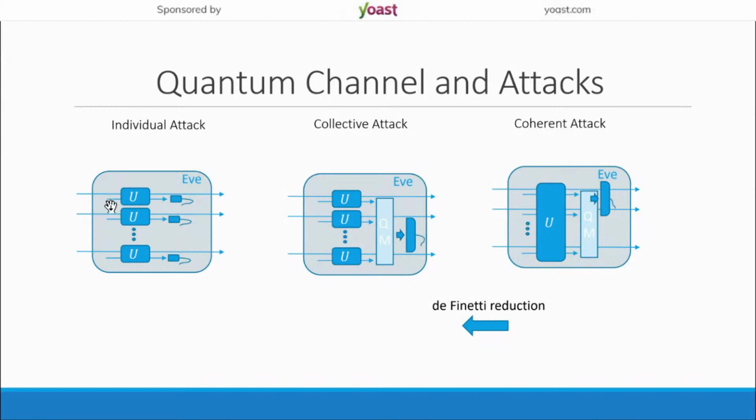So we can have this picture where every time she measures the interaction mode, basically her copy from the traveling mode, right? Which is the basic attack we can imagine.